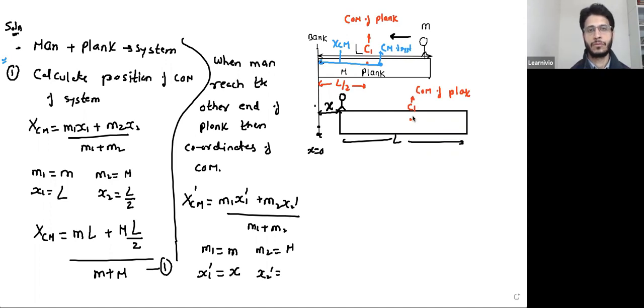L by 2 minus x. See, this is origin, this is C1, this is x2 prime. This is x and this much is L by 2. So then L by 2 plus x. This is origin and this is the center of mass of the rod. If this distance is L by 2, then from the origin this will be L by 2 plus x.